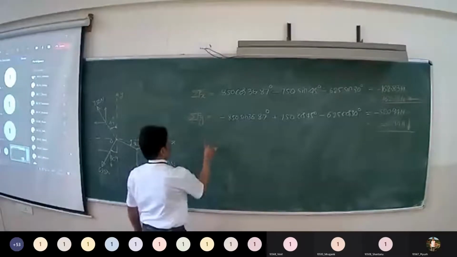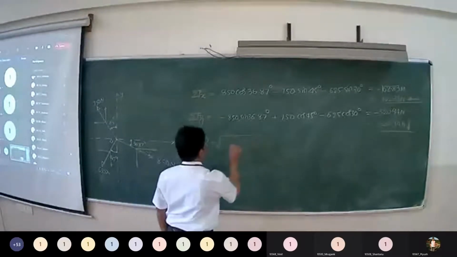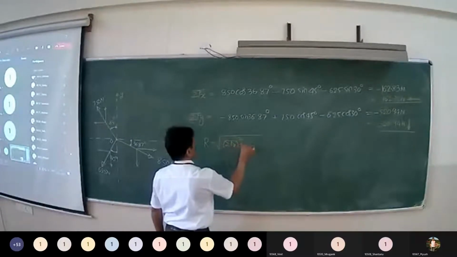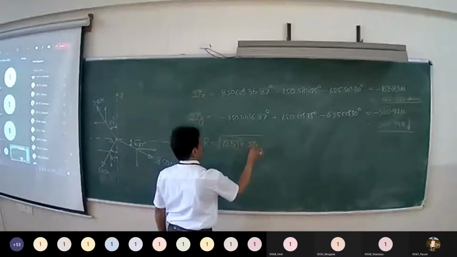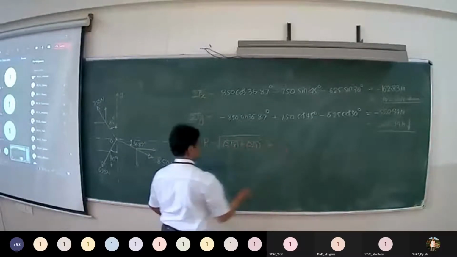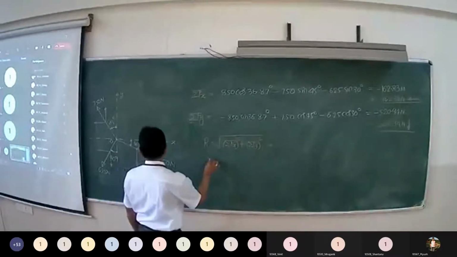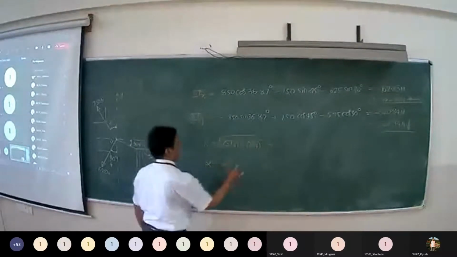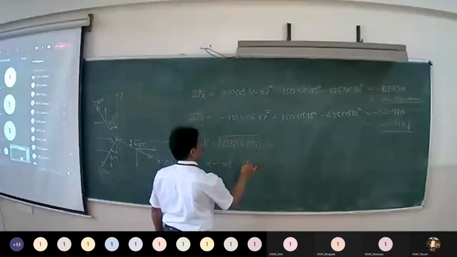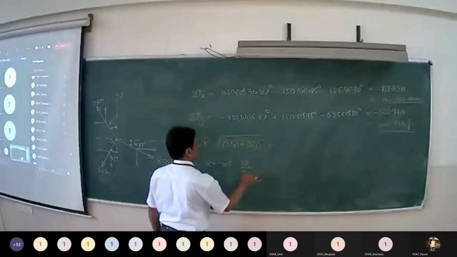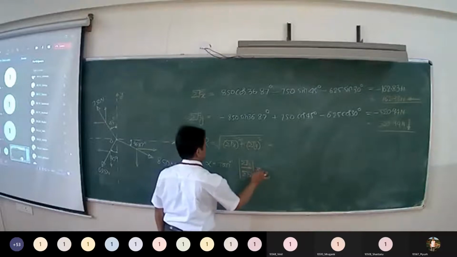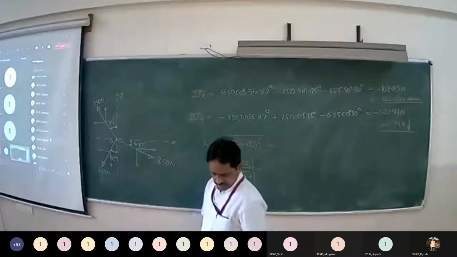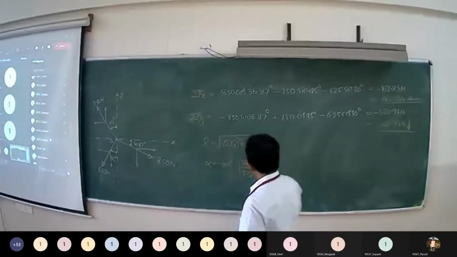Now you have the resultant: magnitude of resultant is square root of summation fx square plus summation fy square. Direction of resultant, tan inverse summation fy upon summation fx. Right.